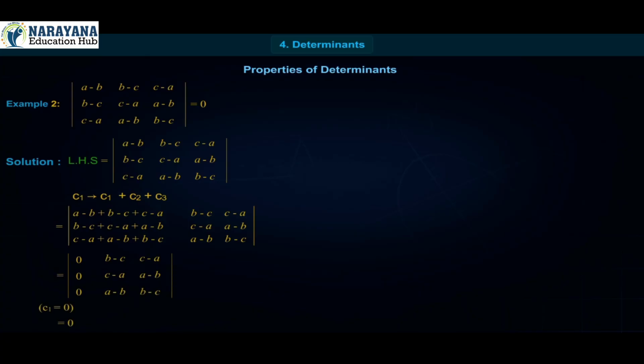Since C1 is zero, the determinant is equal to 0, which is equal to the right hand side.